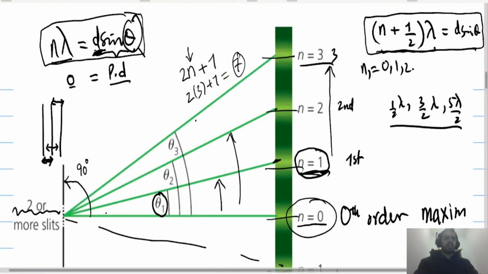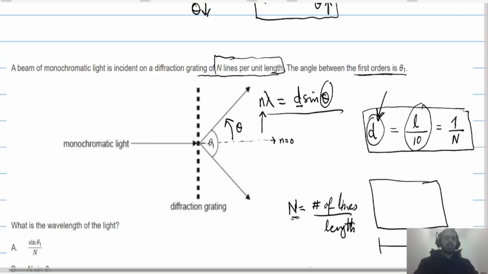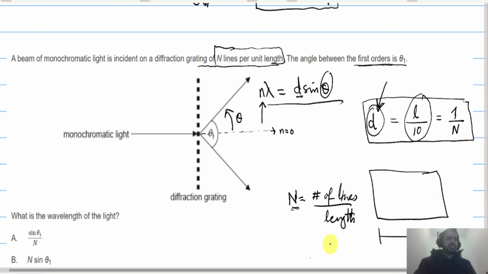So the angle that we measure is always measured from the central line, which corresponds to n equals 0. But in this question, what they have given us is theta 1. Theta 1 is the angle between two first order maxima. So this is n equals 1 above n equals 0, and this is n equals 1 below n equals 0. And theta 1 is the angle between these two.